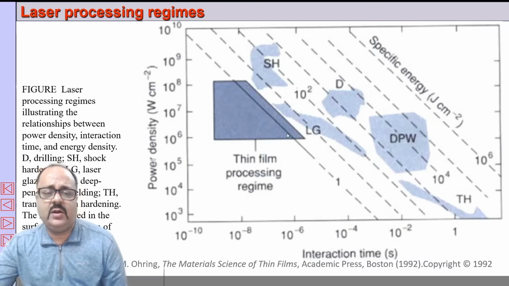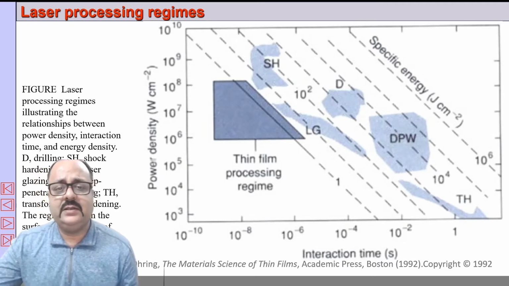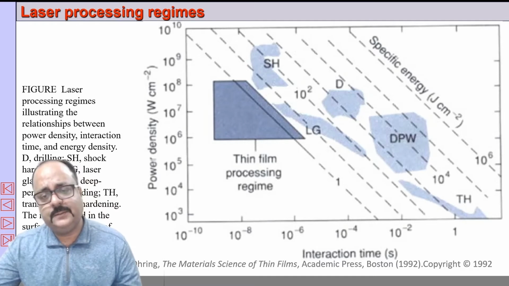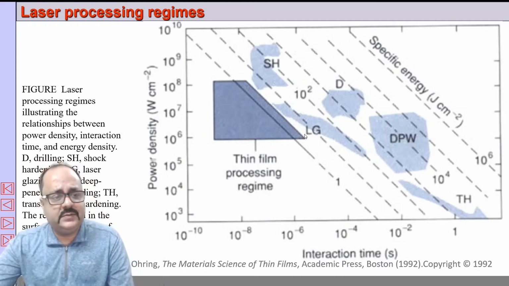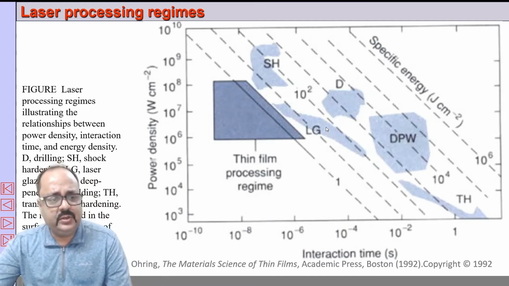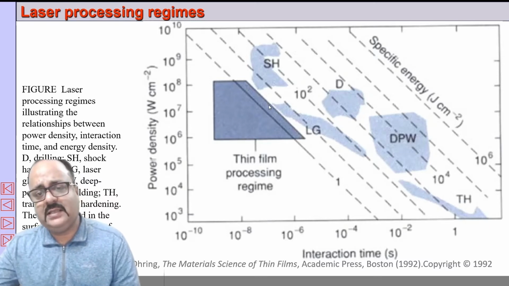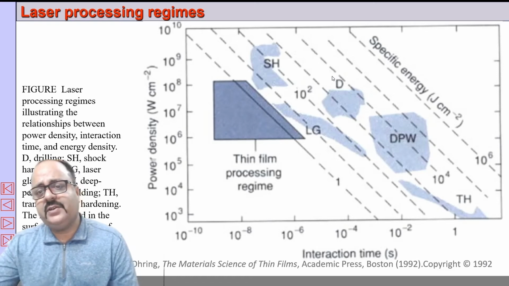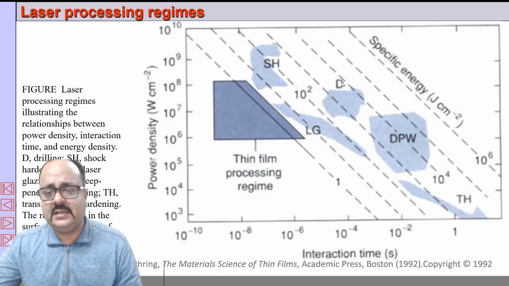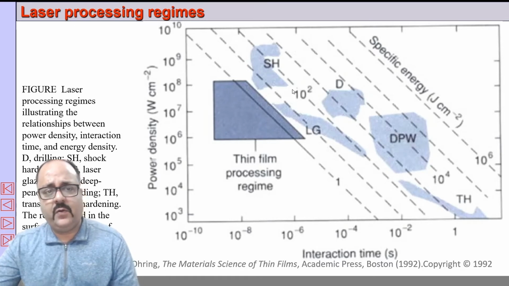So you apply a high power laser for a very small amount of time and carry out thin film processing. And this is laser glazing. Somewhere around here you can have laser cladding, laser alloying, shock hardening, laser drilling. This is laser beam machining basically. In this regime, the exposure time is less and the laser beam power is very high.